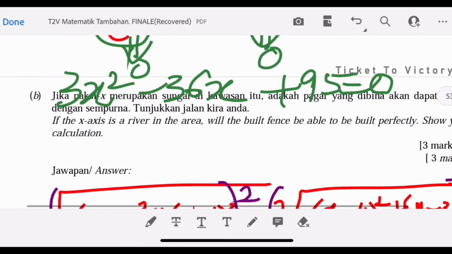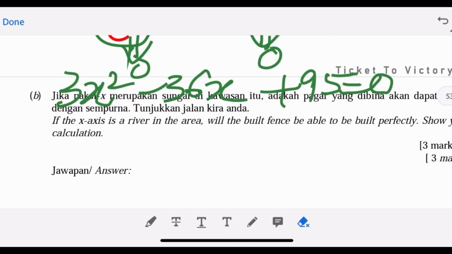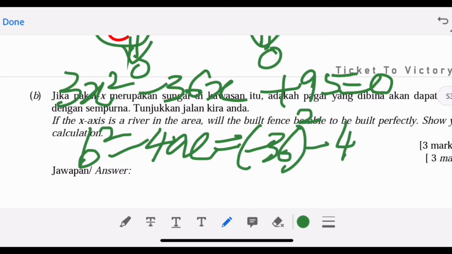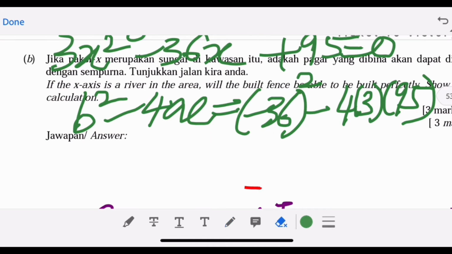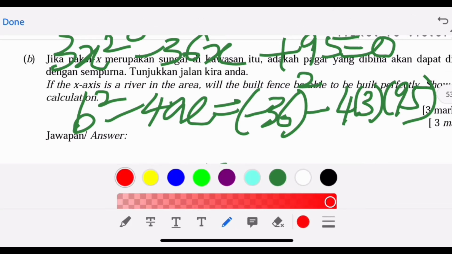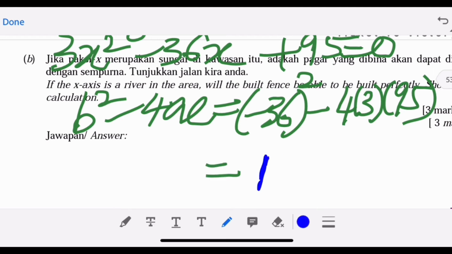So we let y be 0 first, then use b squared minus 4ac to determine the type of the roots. If b squared minus 4ac is positive, more than 0, it will intersect. If it equals 0, it touches the x-axis at one point. If it is negative, it does not touch the x-axis.